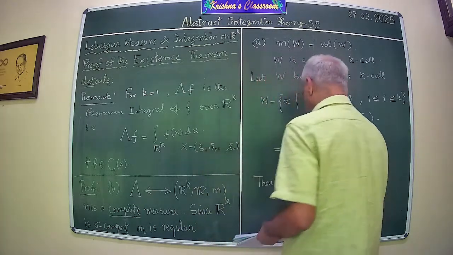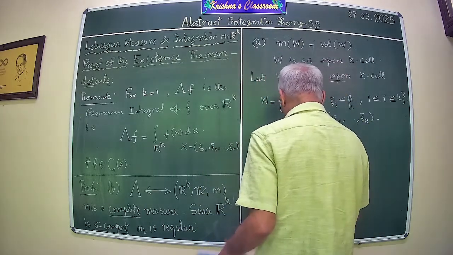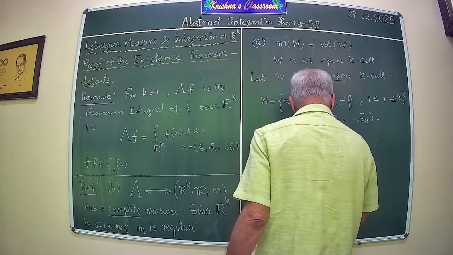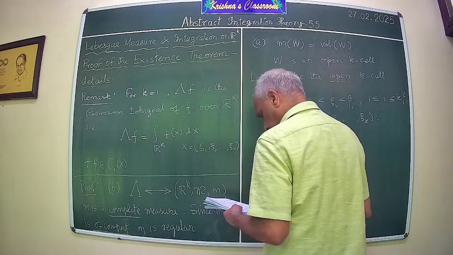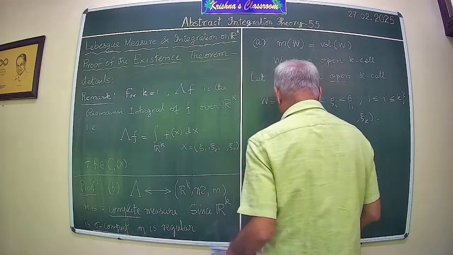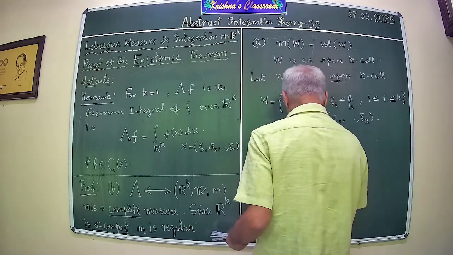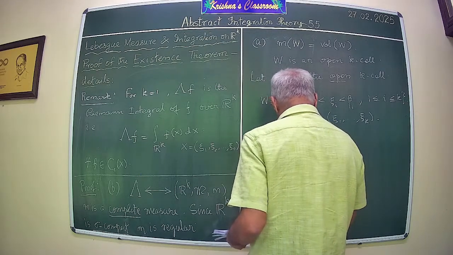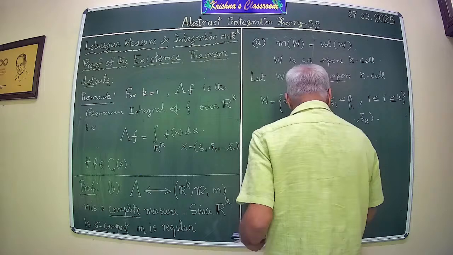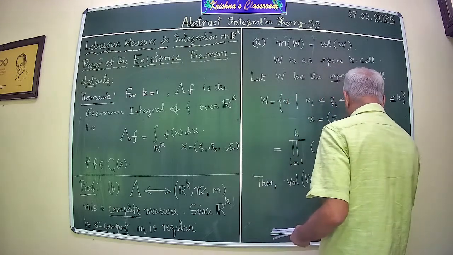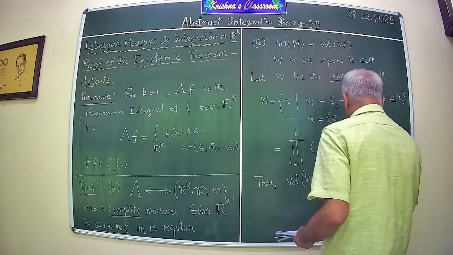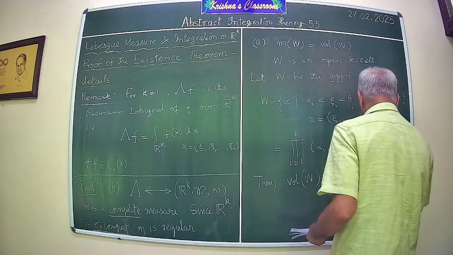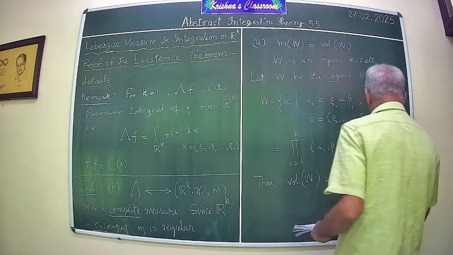Then prove that, then we have the following, namely volume of W equal to theta I minus alpha.